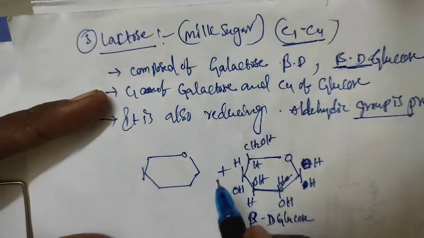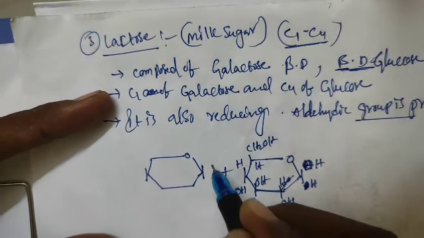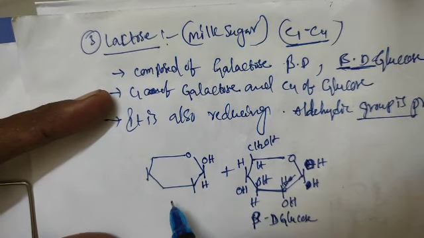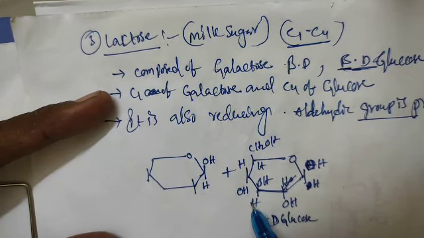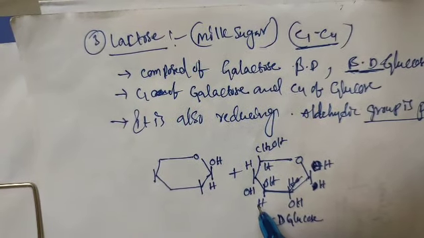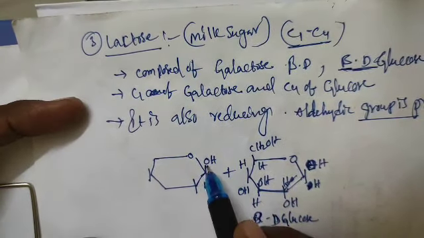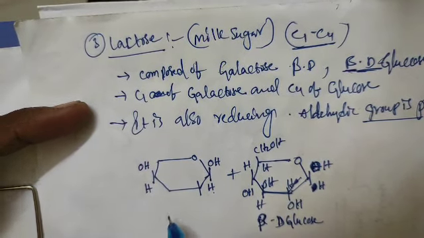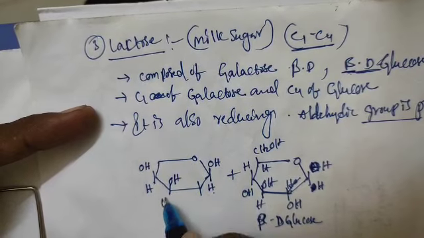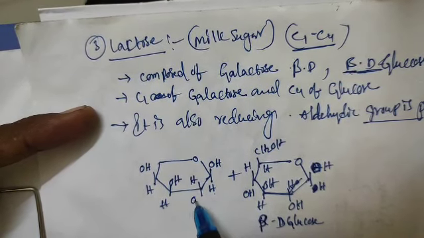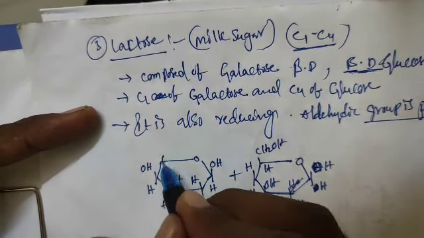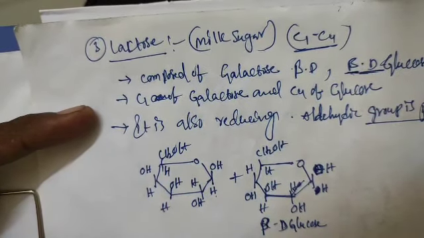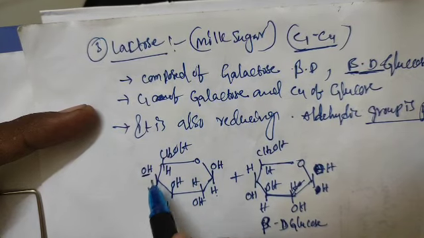Now galactose: here OH, here H. Galactose has this OH up, and this side OH is also upside. Here H, here H. This is galactose. The remaining is all the same as glucose. Here H, here OH, here CH2OH, here one hydrogen. Same, but this OH is also upside.